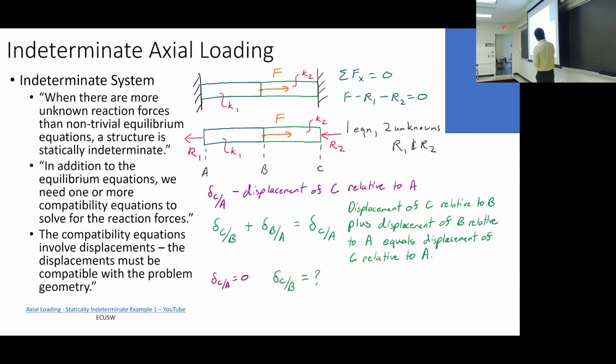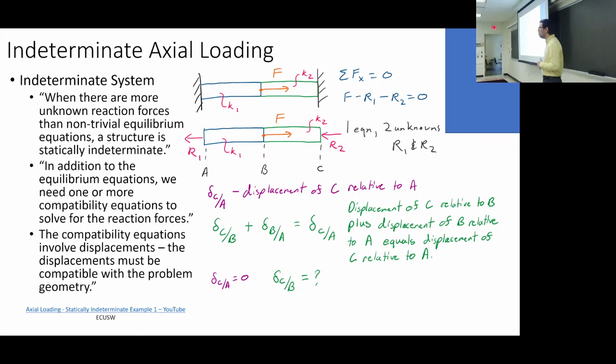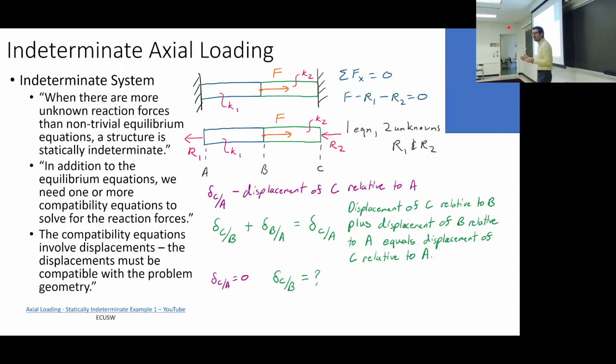And how do we get relationships between C and B, or the displacement of C relative to B and the displacement of B relative to A? What did we just do in the last subsection? Remember we said there's that problem: how do I figure out what that interior element experiences in terms of displacement?